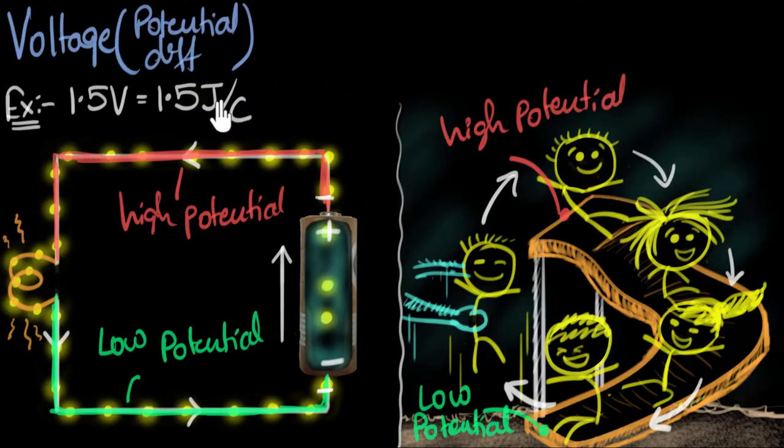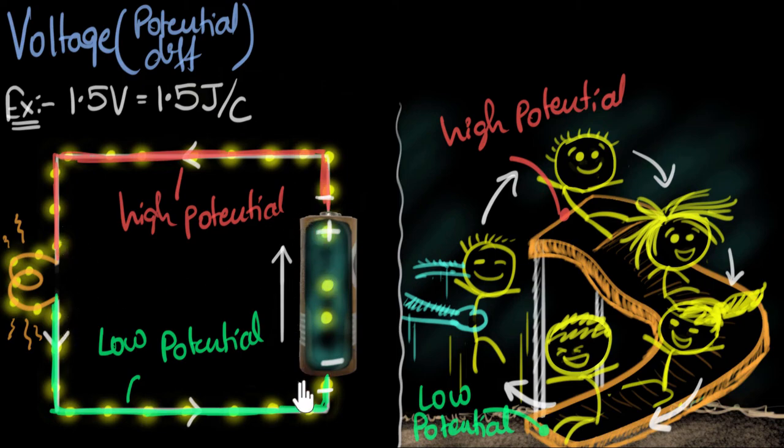The per coulomb part says that every coulomb, as it moves from here to here, it gains 1.5 joules of potential energy. And similarly, when a coulomb moves from here to here, it loses 1.5 joules of potential energy and gets converted to heat. So voltage just indicates how much potential energy a coulomb gains or loses.